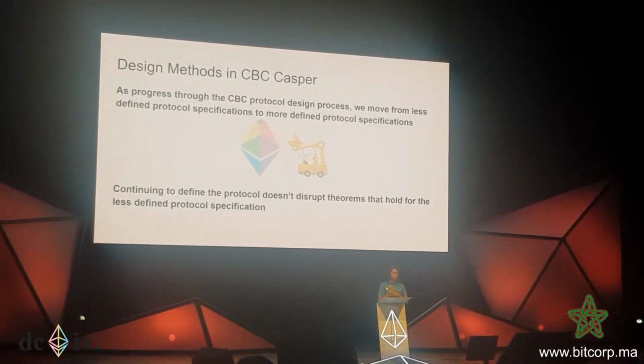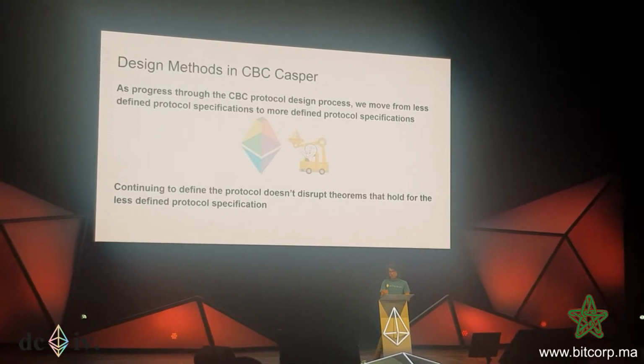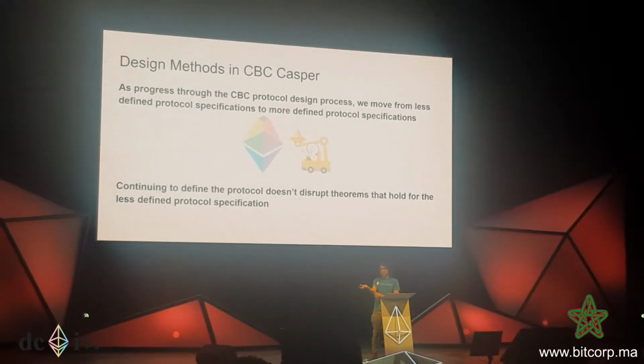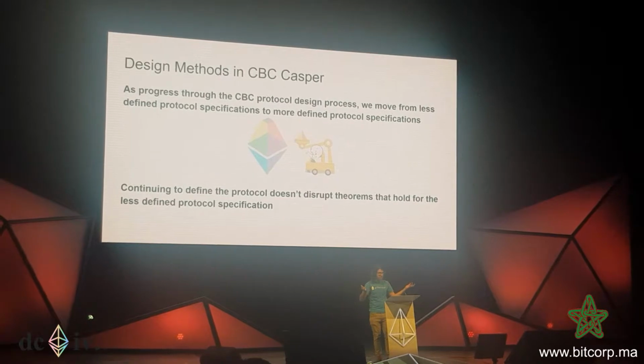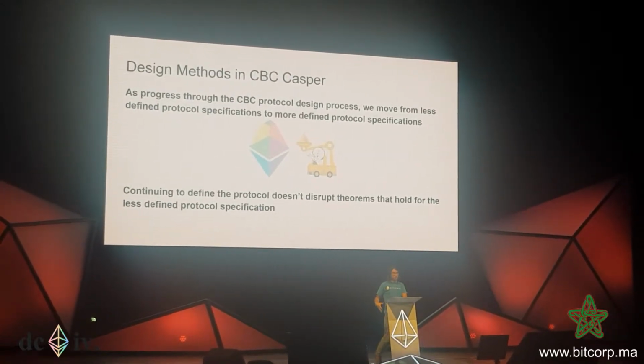And this starts to make you feel why we have this correct by construction protocol design, because at some point we're going to have a partial spec and some proofs, and then there's no way for us to define that spec more that will kill those proofs.